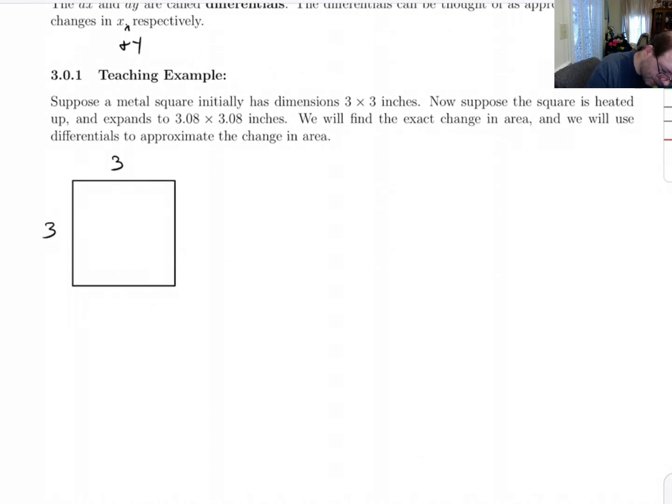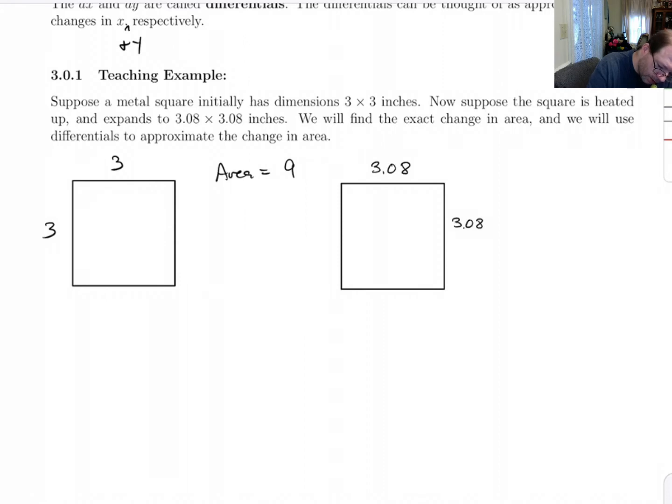So the area of this thing is 9. And then when it grows to 3.08, the area of this is going to be, let's see, 3.08 squared is 9.4864.